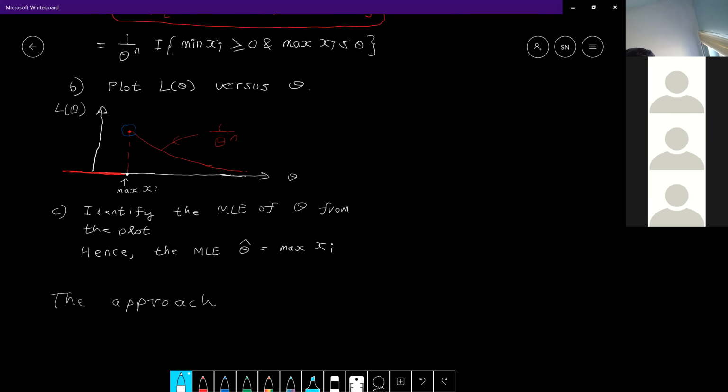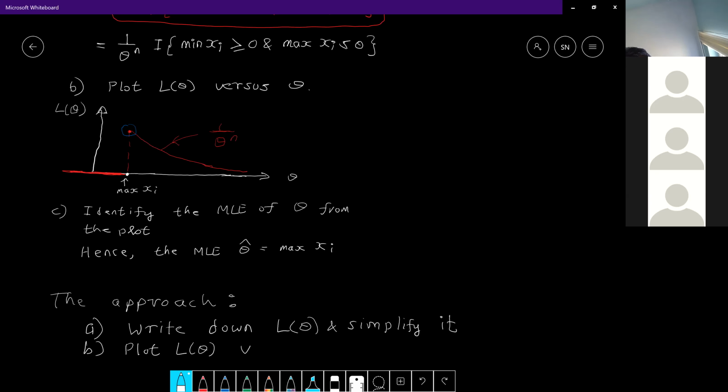Step A is to write down L of theta and simplify it. Step B is to plot L of theta versus theta.